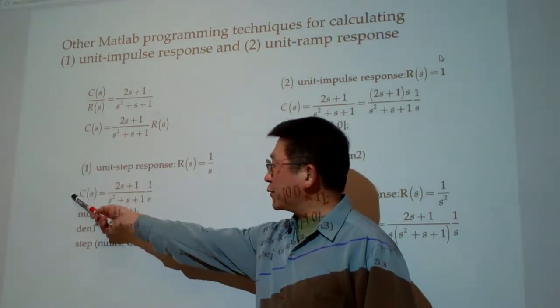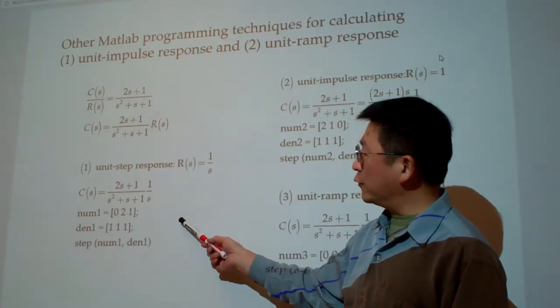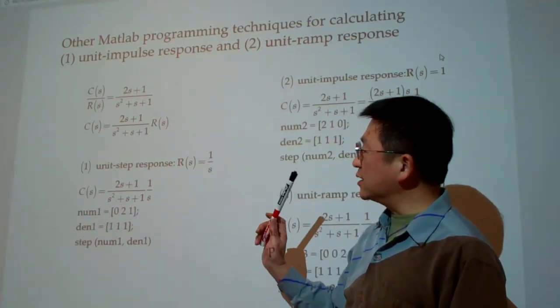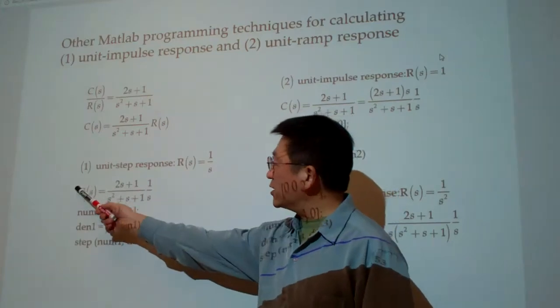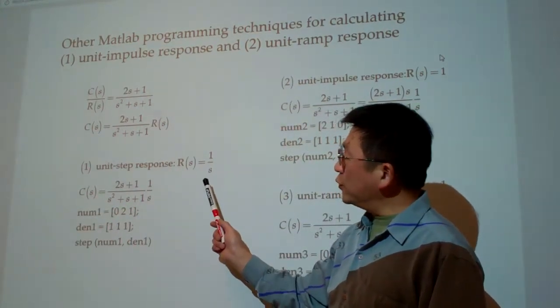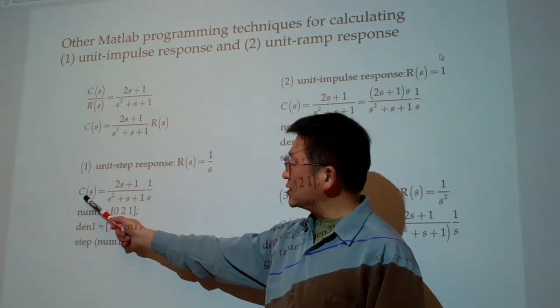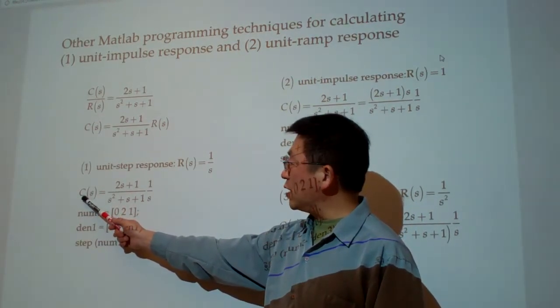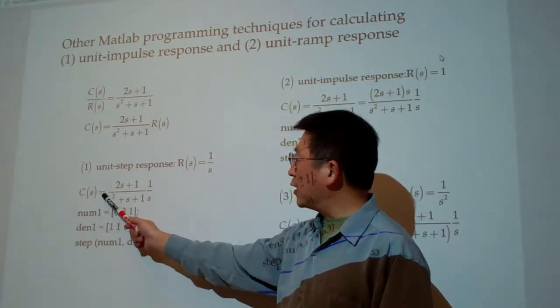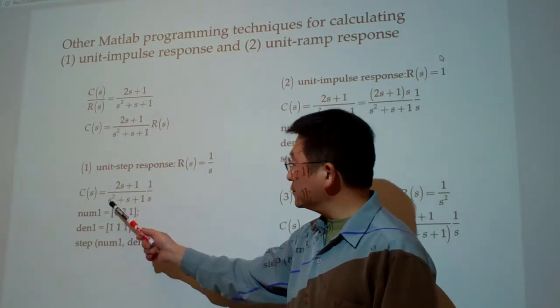This is the standard form for MATLAB. Here is the problem statement: if we're going to calculate C of t, the response of C in the time domain, that is given in this form.